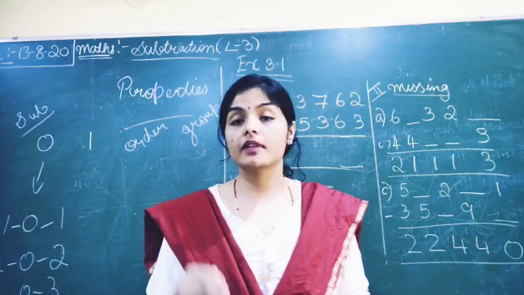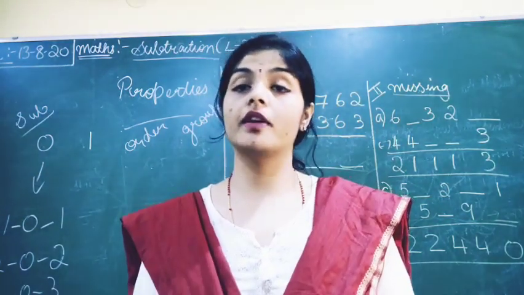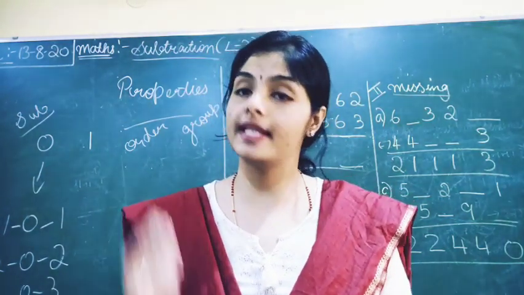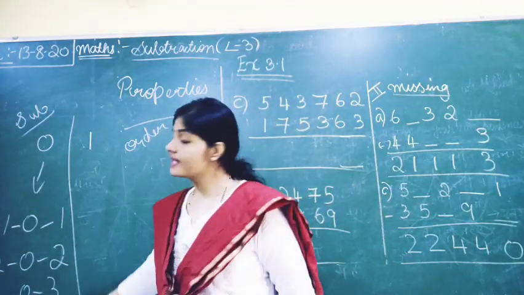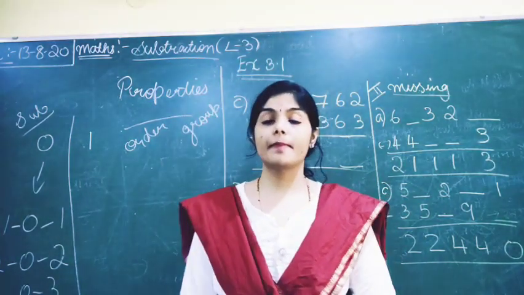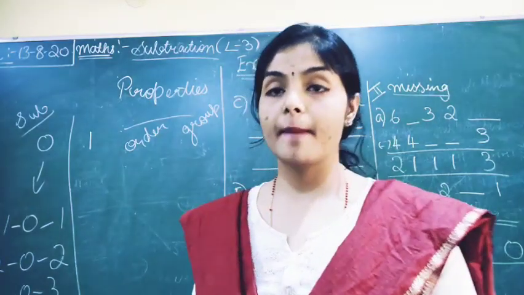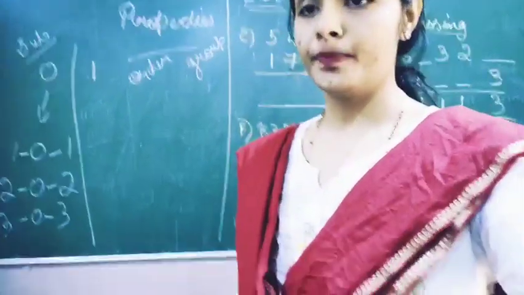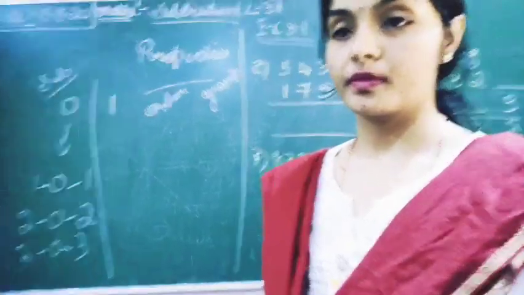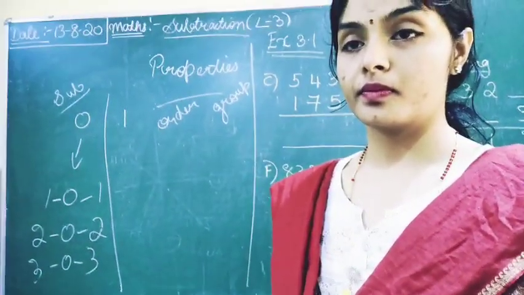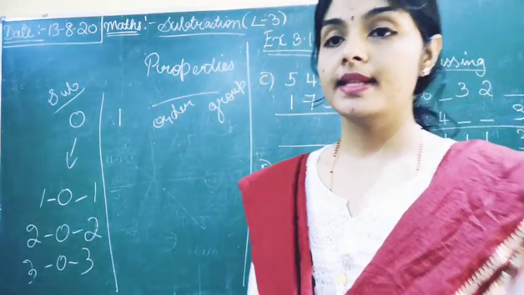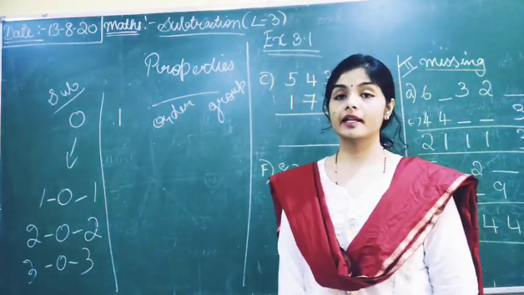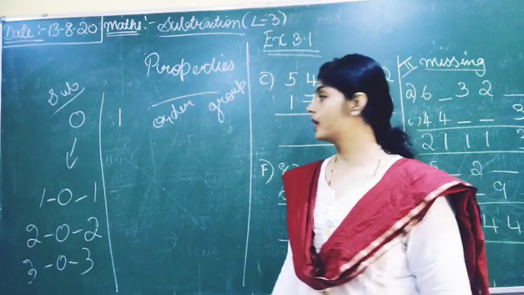Any number subtracted with 0, you get the same number which you used to subtract with 0. Understood, children?